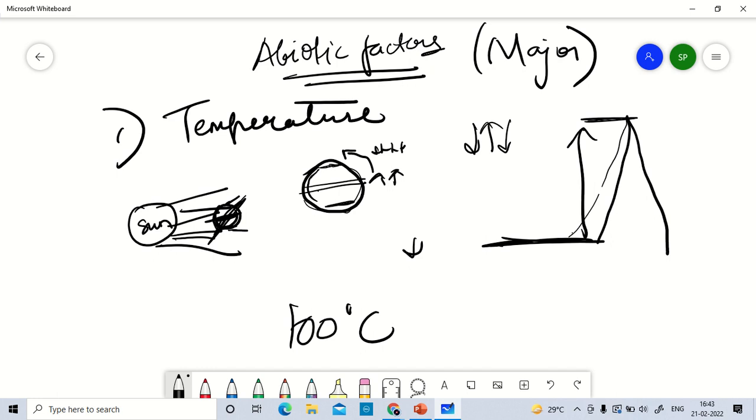Now let's come to the second major, very important abiotic factor, that is water. Water is another most important factor influencing the life of organisms. In fact, life on Earth originated in water and is unsustainable without water.